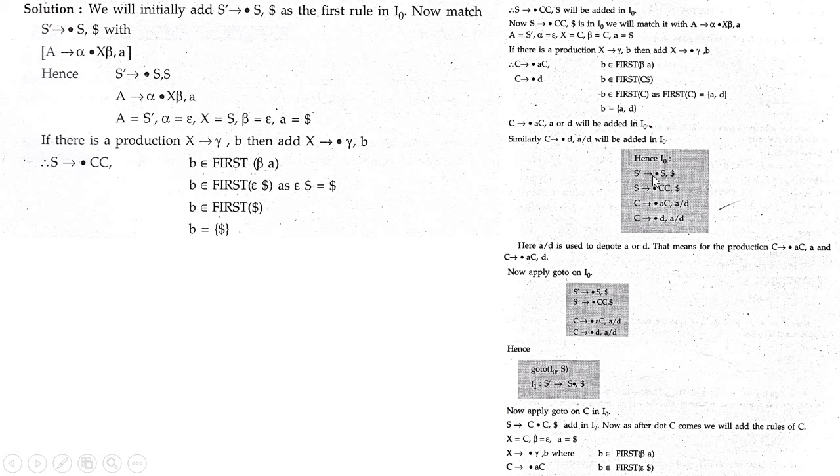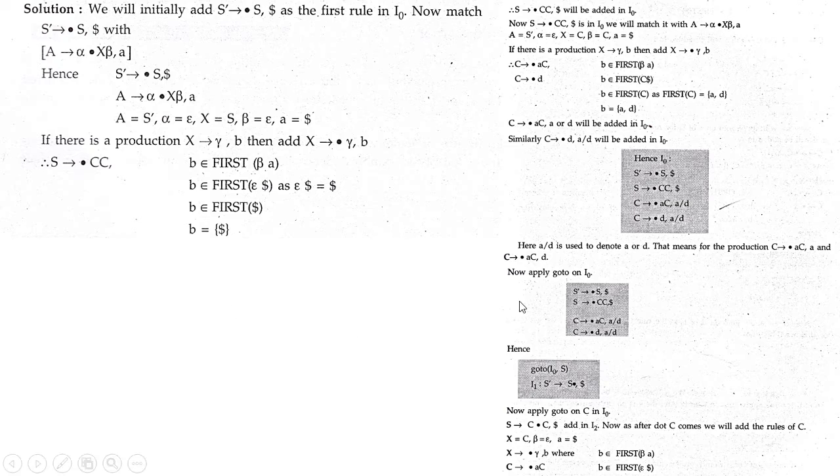So we say go from I0 on S will give you S dash derives S dot, comma dollar. So that is what we have done to have here. Similarly, in this case we apply the goto on C in I0. That is how the calculation is done.